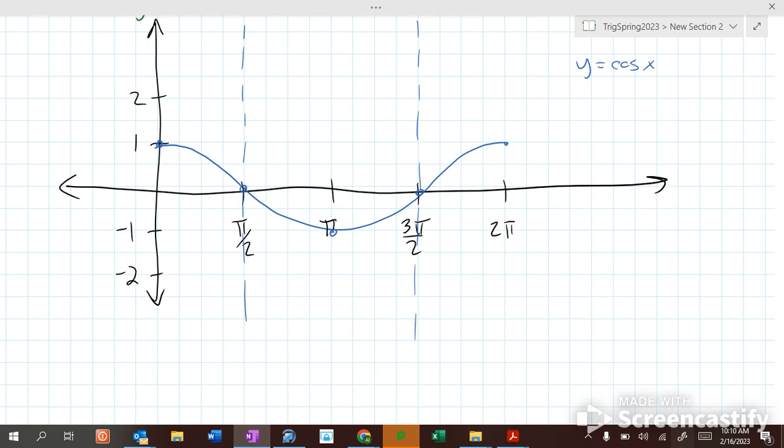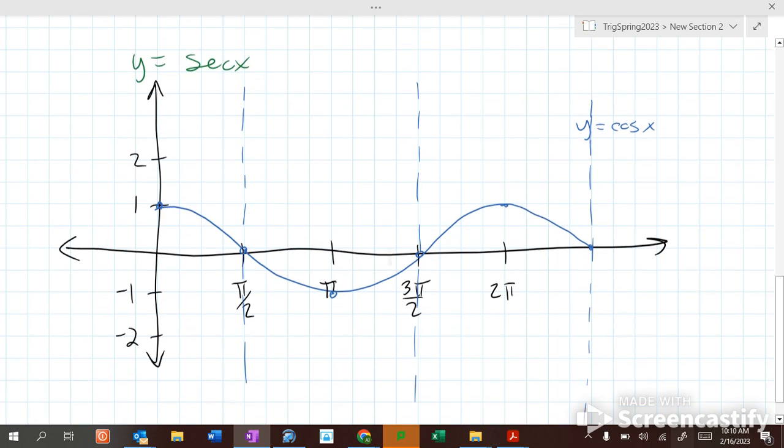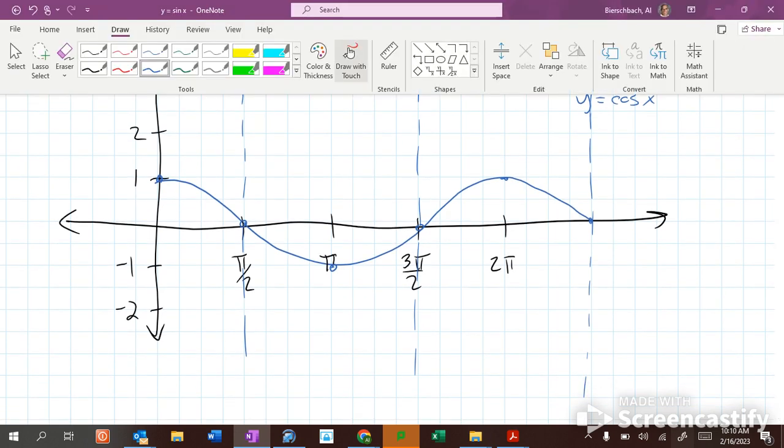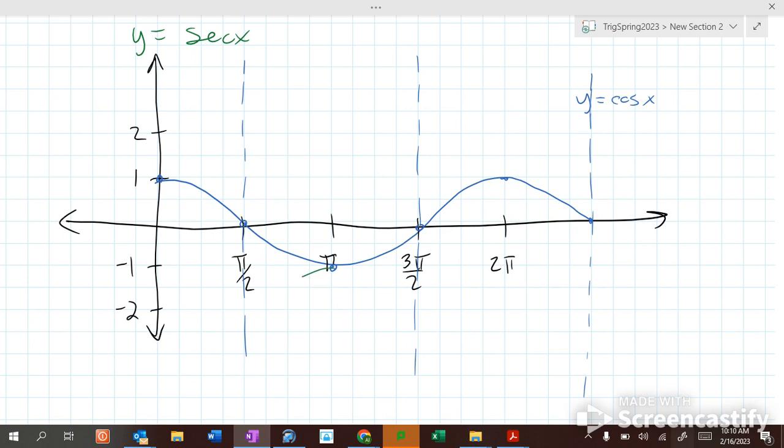So if you stop right there, I don't like that. So this cosine curve still continues on to here, right? I want another one over here. Or over here. Okay? So then when you're doing your secant curve, it's going to be like this and like this.